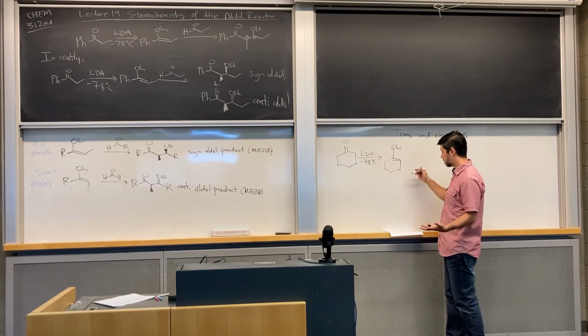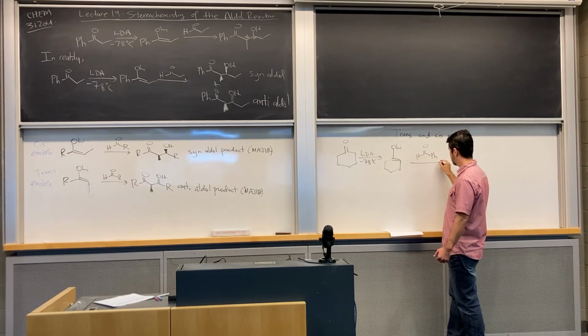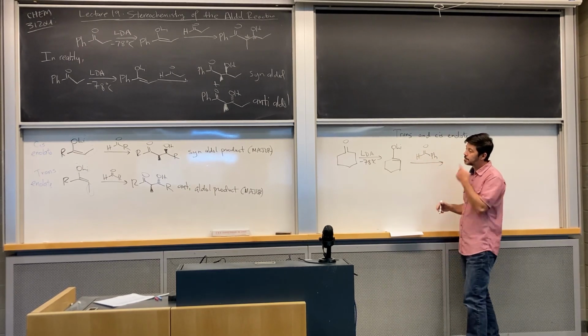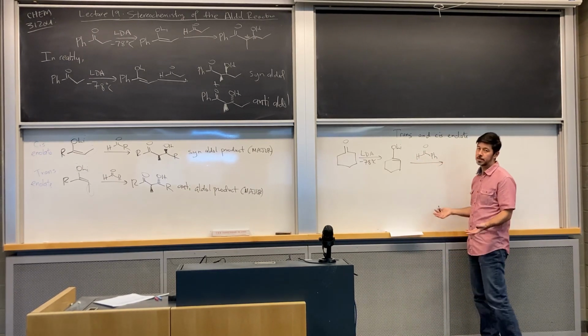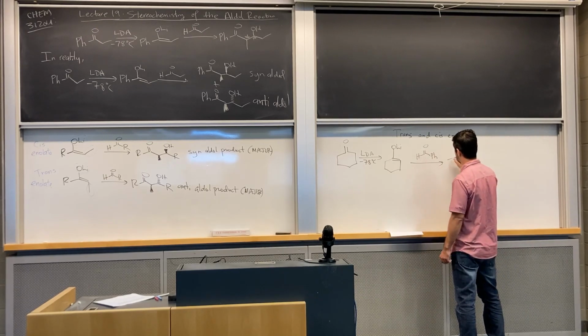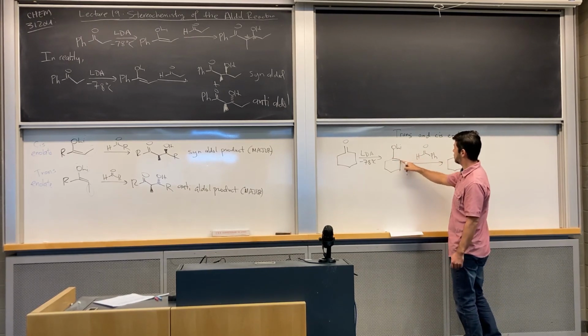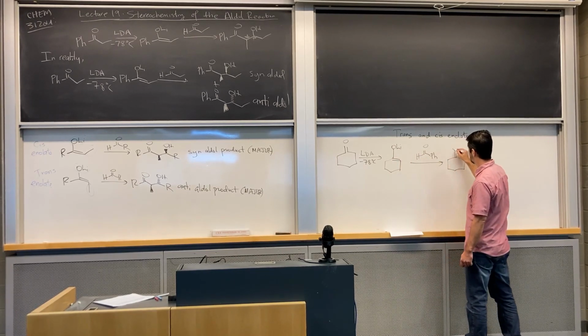So this is a trans enolate, and if we react this with a substrate, this will react together, and we are therefore going to generate the anti-aldol product. Okay, so this will come down. This is going to be your new carbon-carbon bond.